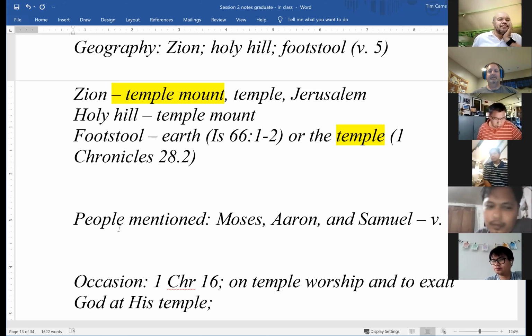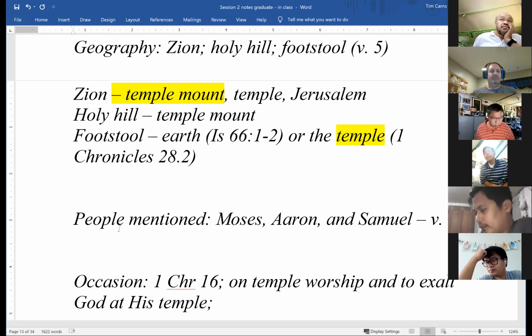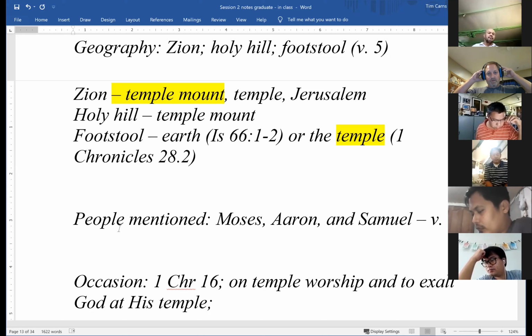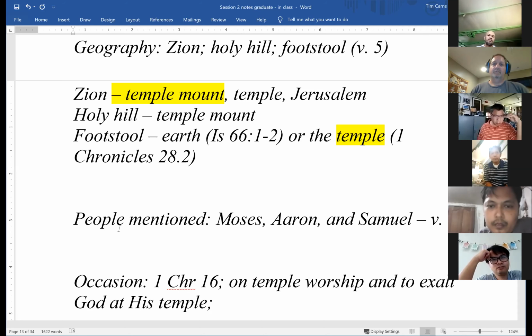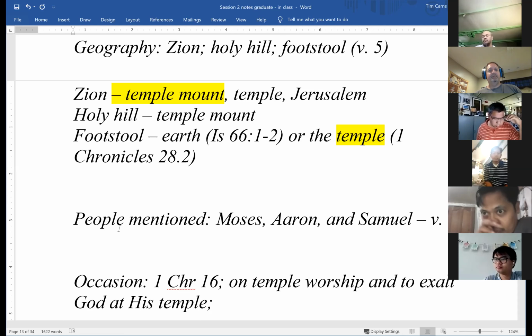Moses, of course, is the prophet of Israel until Jesus comes. He's the preeminent prophet. Aaron, his brother, the first high priest. Then Samuel was a prophet who was given a special and unique place as well, in that he was the first prophet in many, many generations to speak for the Lord, and the prophet who then anointed King David. All right, so these are three prominent individuals that are mentioned here.